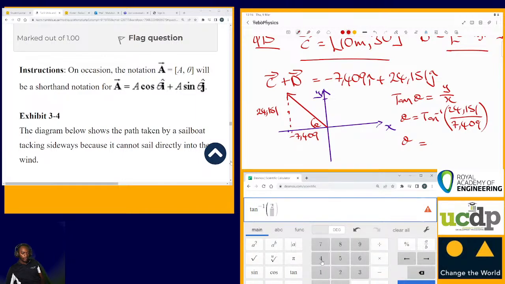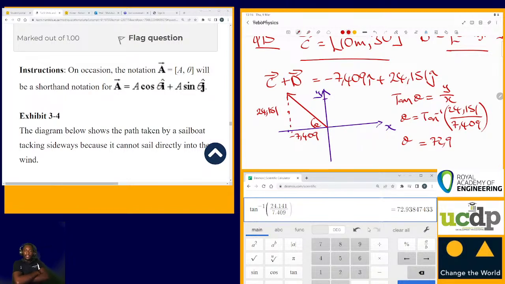That's 24.151 all over 7.409. So we get this angle, theta, to be 72.9.